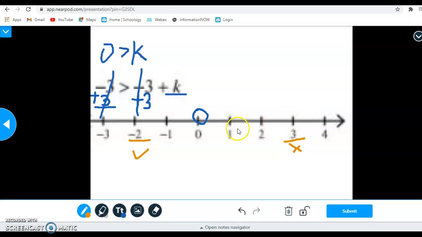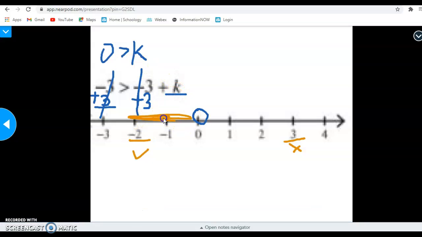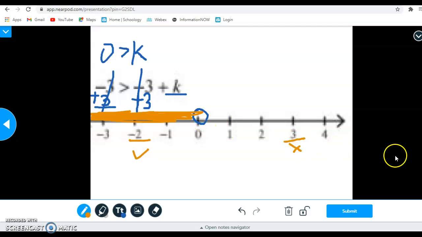So we know it can't be any numbers on this side because all of these numbers are greater than 0. And we need numbers that are less than 0 because it asks us to find numbers that 0 is greater than. So 0 is greater than all of these numbers. So we have to draw on this side of the graph, okay?